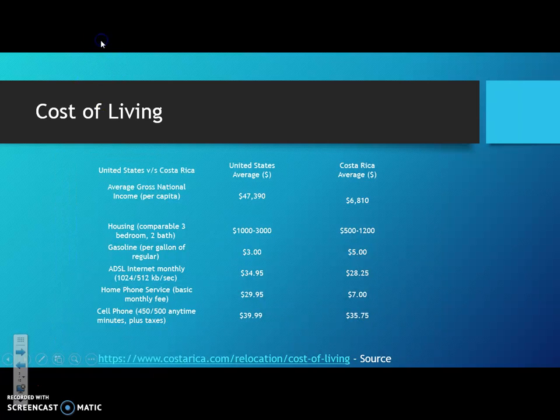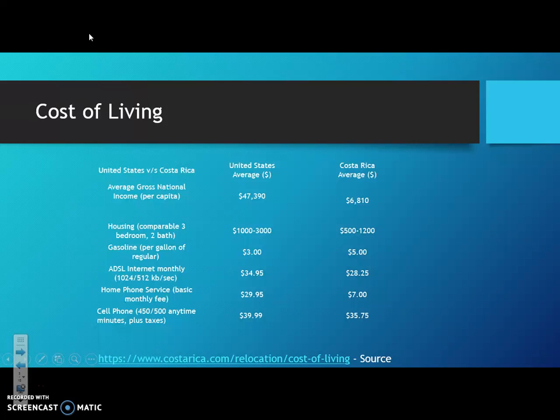Now, as we get into some of the topics off that one website that I saw, cost of living. These are just a few of the things that were listed. It has a comparison of the United States and Costa Rica. The first thing says average gross national income per capita. That means on average how much money a person makes. In the United States it's $47,000.